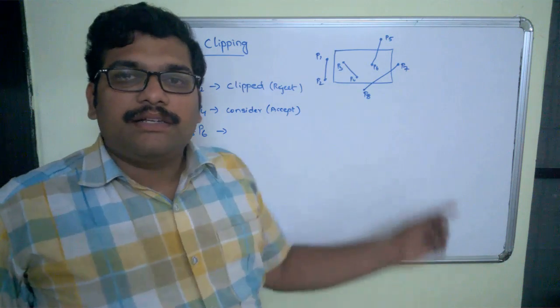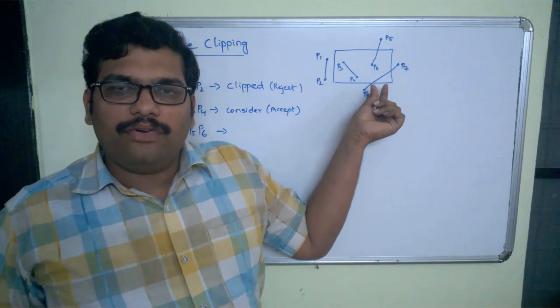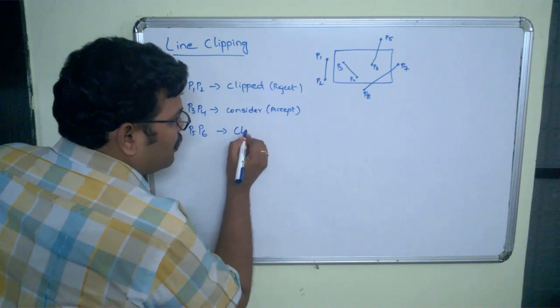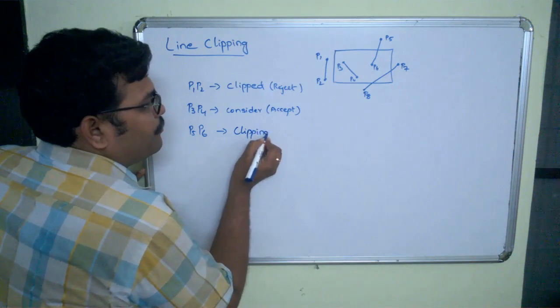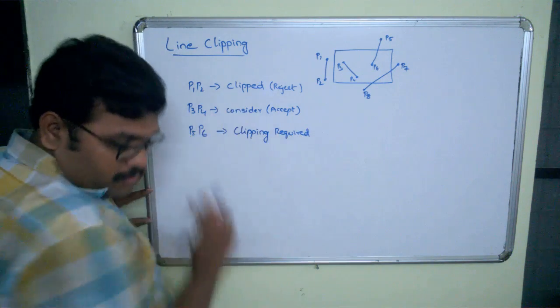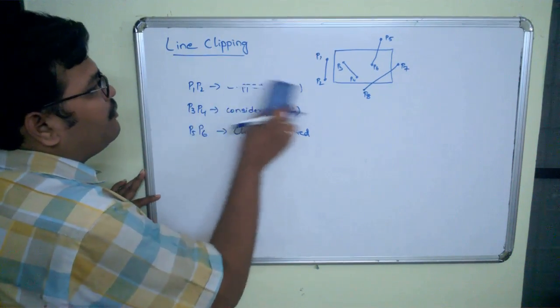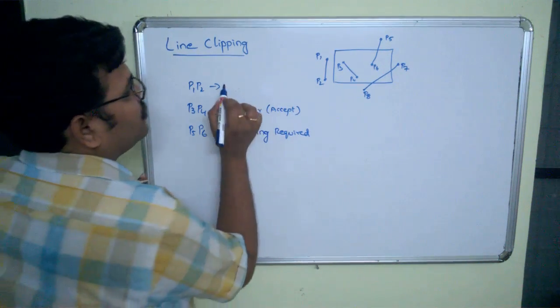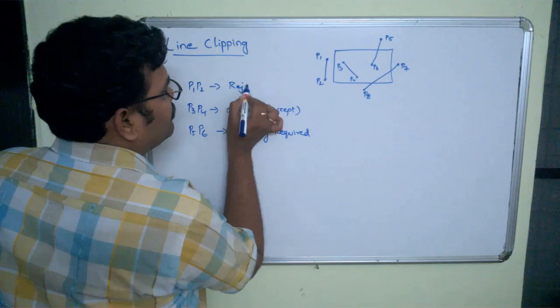Here for P5, P6, some portion lies inside the window and some portion lies outside the window, so clipping is required. Sorry, P1, P2 both are outside, so no clipping must be considered, it is simply reject.